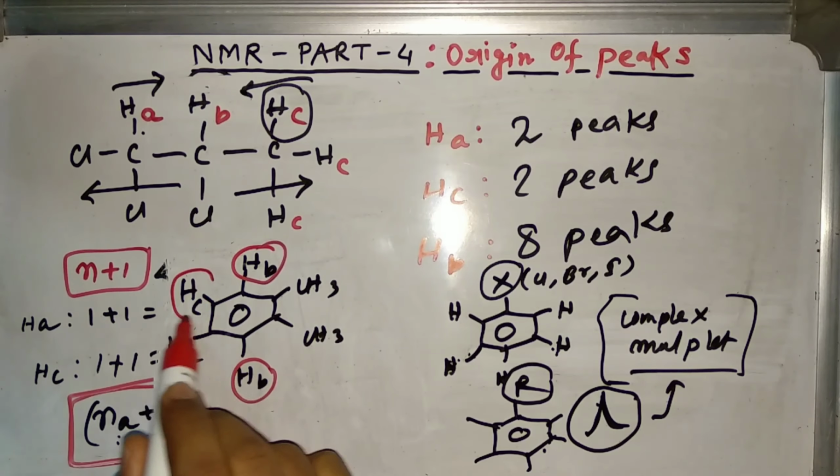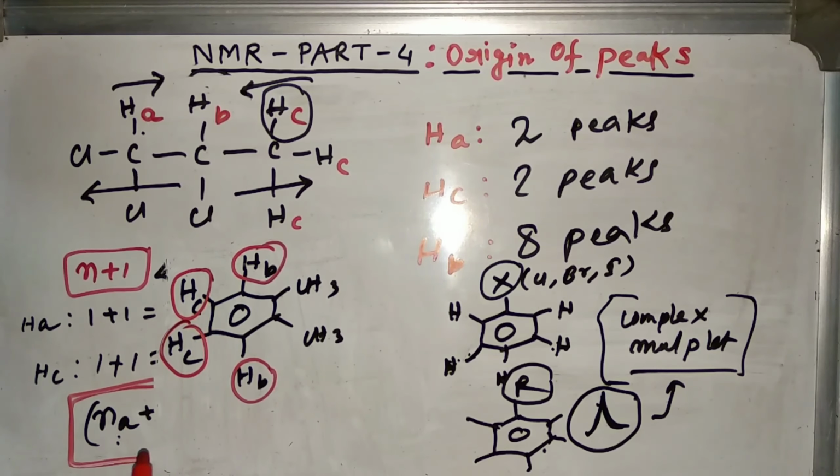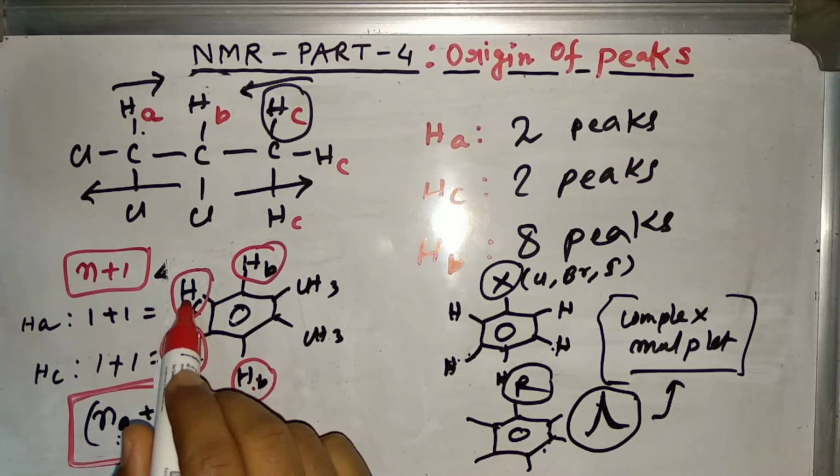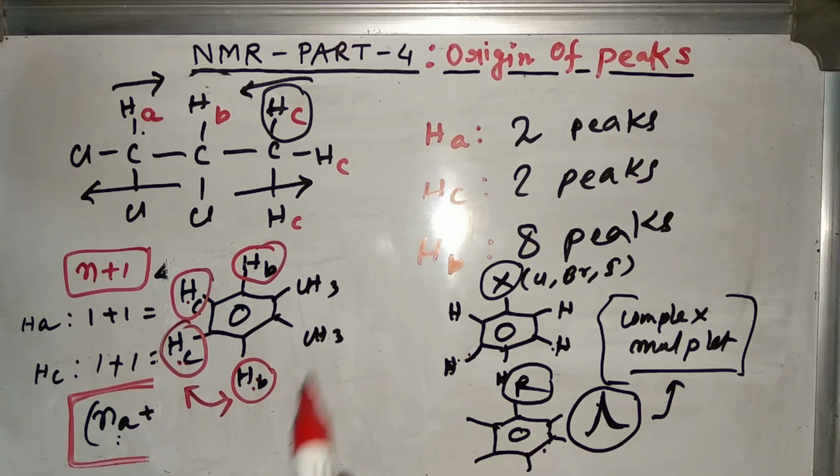But Hb and Hc protons are not chemically and magnetically equivalent, or you can say non-equivalent. Therefore all protons couple with each other, this one with this one, with this, and finally we get a complex multiplet.